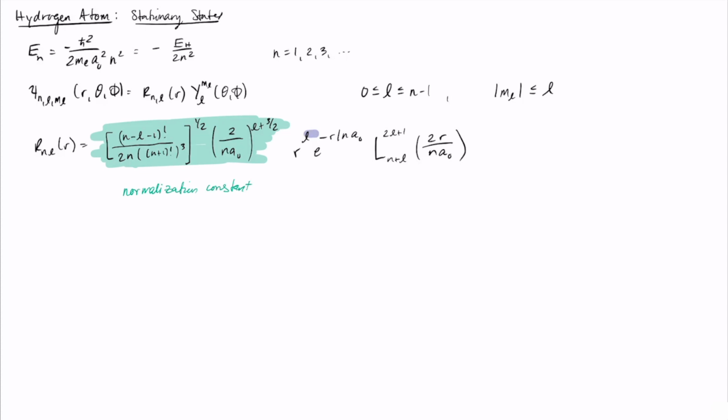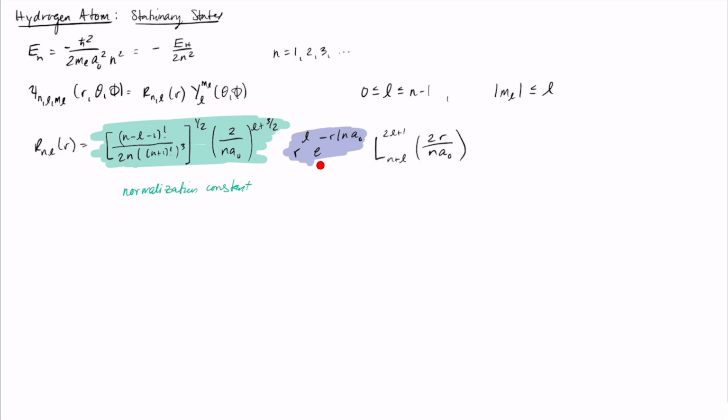Now the next term that you see is this r to the L times e to the minus r divided by n a naught. So a couple things. First you notice that this a naught is popping up again in the solutions. We previously motivated a naught by saying that it's sort of a natural length scale for the hydrogen atom. And here you're seeing some evidence of that because the exponential has an explicit a naught in this.